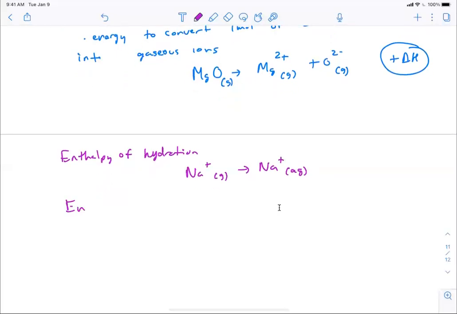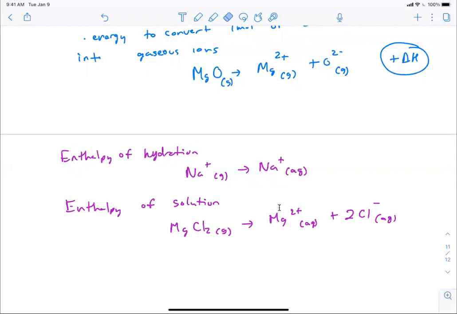And on top of that, enthalpy of solution, where your solid becomes aqueous. Let me rewrite that there. It's hard to see. Okay. So the energy it takes for that to dissolve into aqueous ions is the enthalpy of solution.